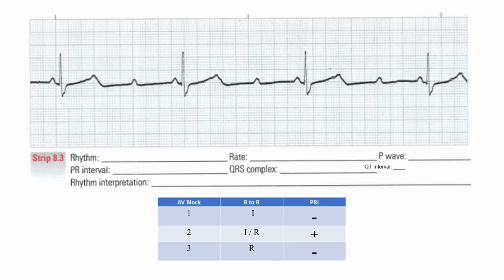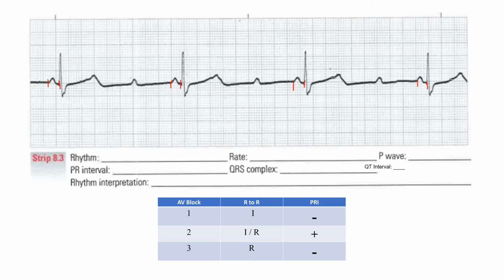If you're looking at your PR interval, they're pretty constant. They're pretty much the same. Measuring from the P to the R, I see about 3.5 to 4 boxes, which we would consider constant.